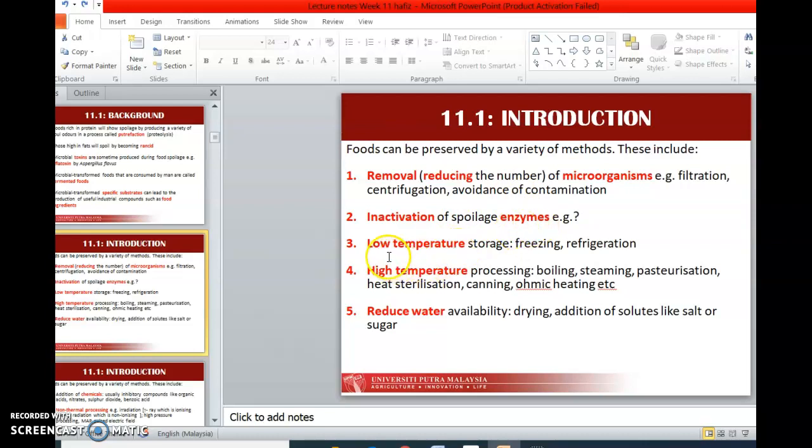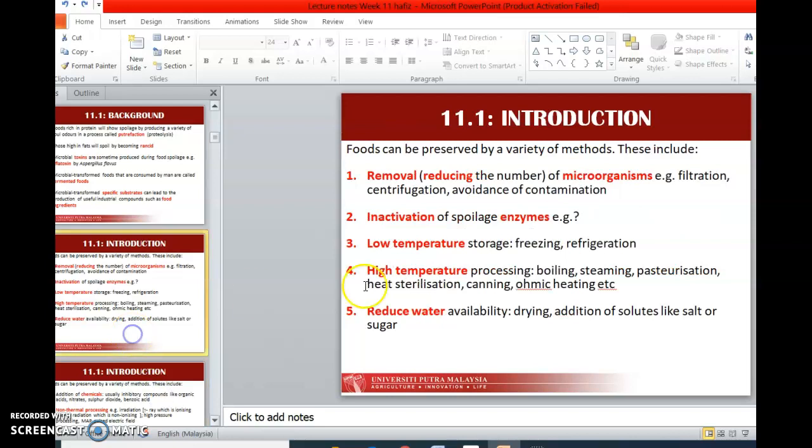Third, we can keep the food in low temperature storage, for example freezing. Then we can do high temperature processing, for example boiling, steaming, canning, and so on. Lastly, we can reduce the water activity by reducing water availability, for example, we can dry the food or add solutes like salt or sugar.